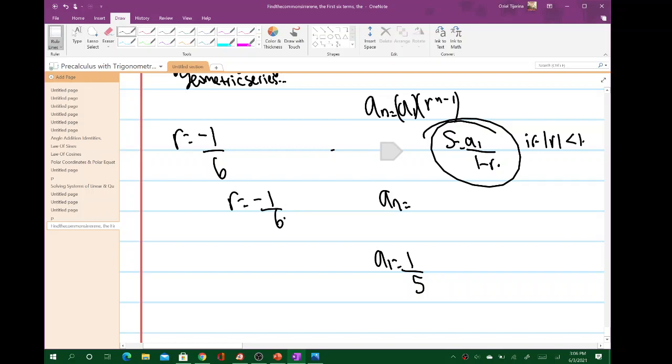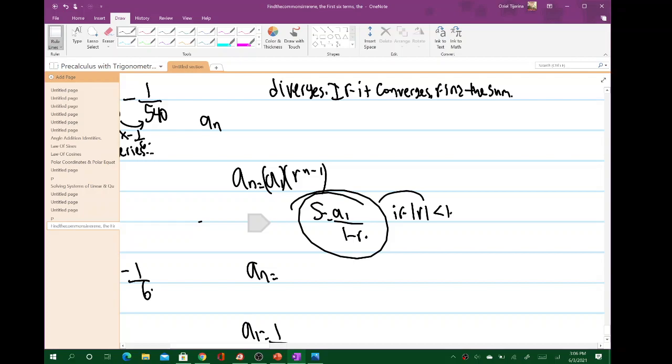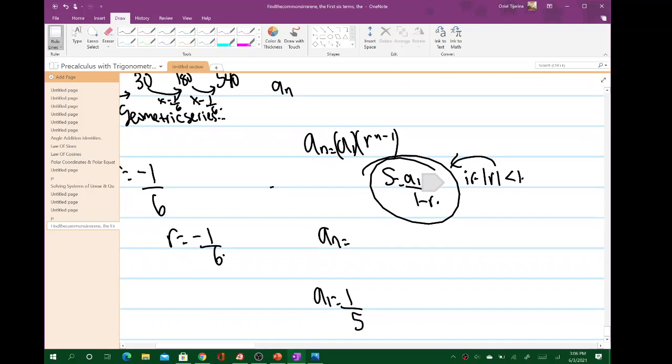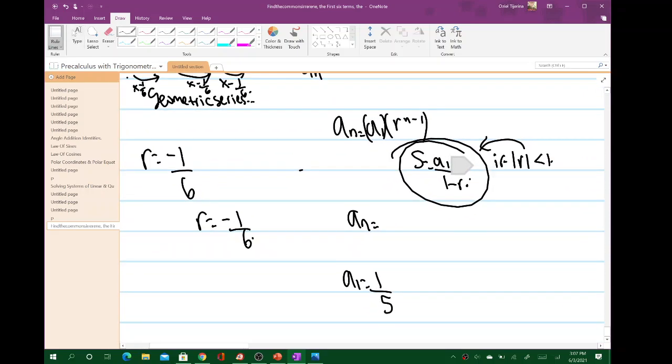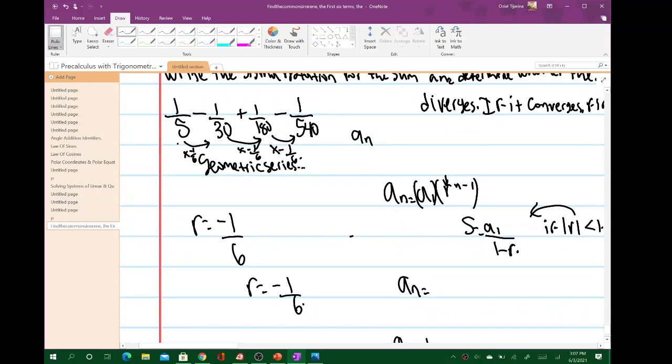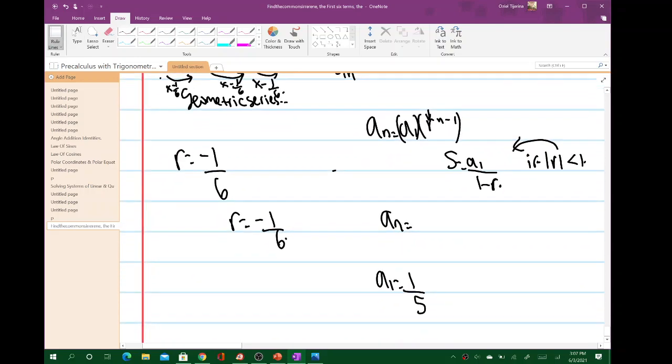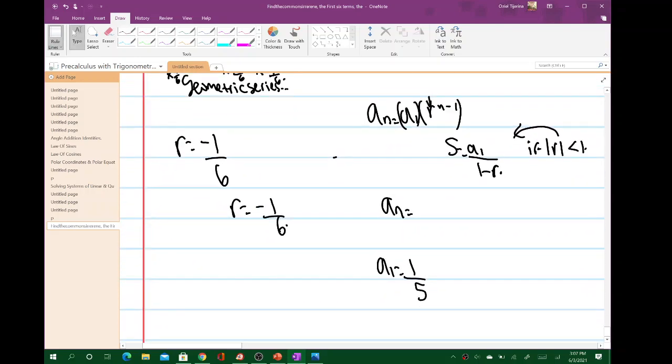Notice that I didn't say the absolute value of r, because the absolute value of r is only for this part, so don't get confused. Right here, this is just r. It's not saying 1 minus the absolute value of r. If it was, you would take the absolute value. But here it doesn't say absolute value of r, so it wants to know r. Even if it's negative, it wants the common ratio. The common ratio here is -1/6.